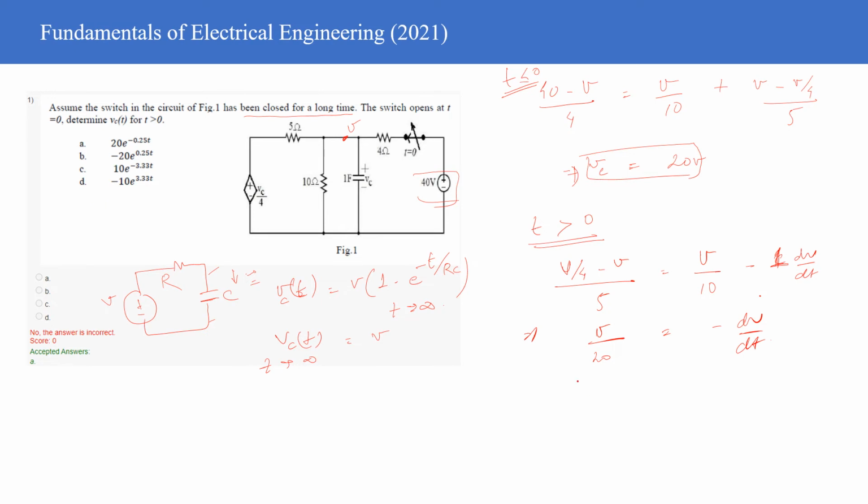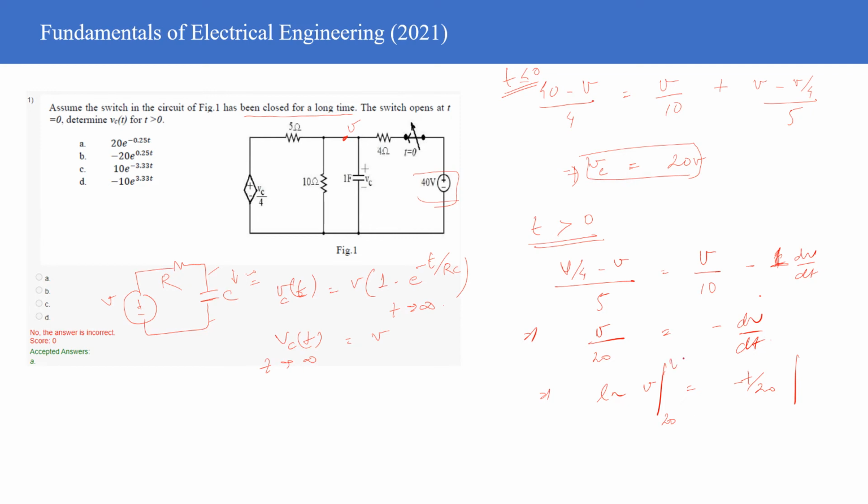And the rest is very easy. You can write it as ln V, and time t by 20 with a minus sign, and this will be going from voltage of 20 volts, right?